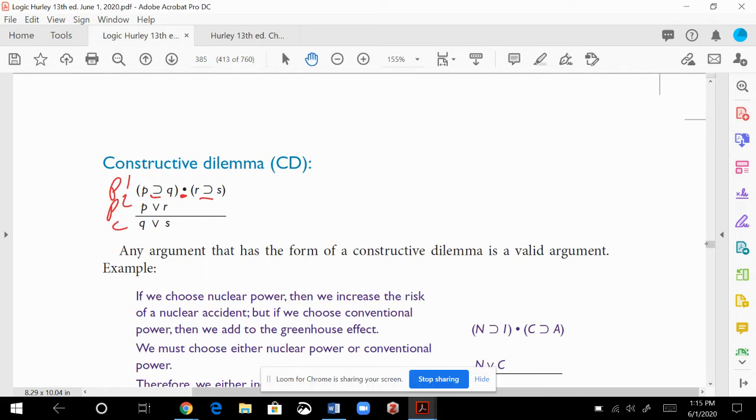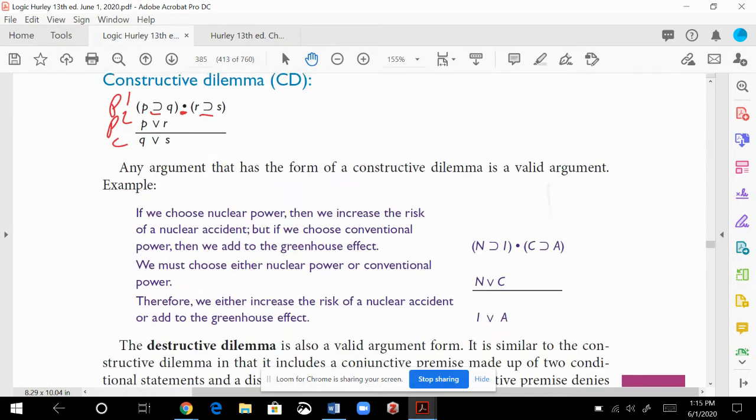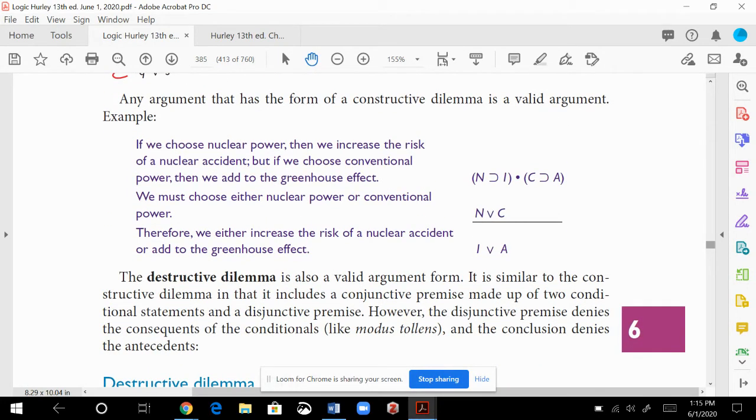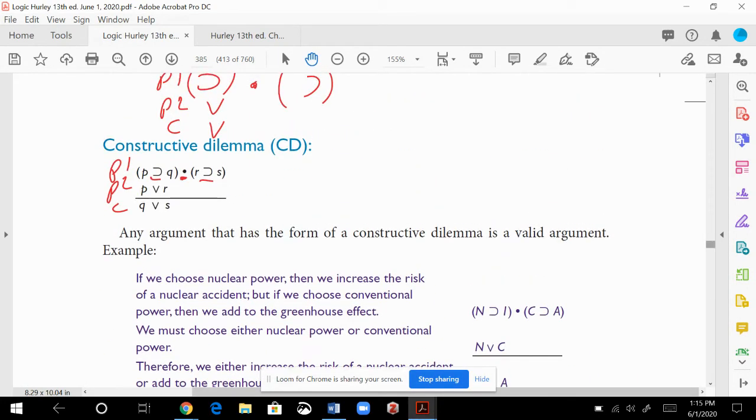So if you were to see this in your mind, you're looking for pattern recognition. Premise 1 will have 2 conditionals, separated by parentheses, with a dot in the middle and then a wedge.